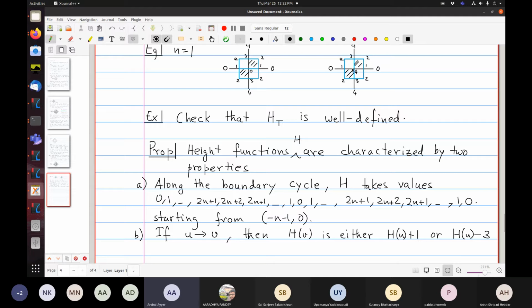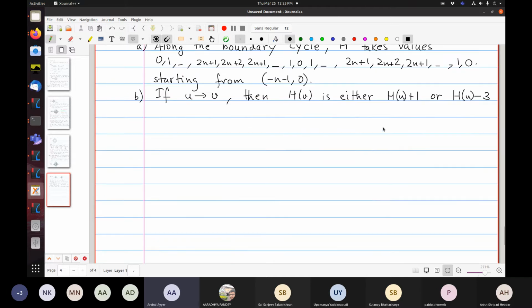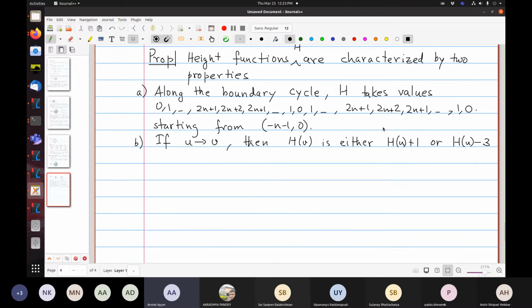And here, the direction of traversal is again leftwards, and so this is u and this is v. Then h of v is h of u minus 3. So 1 is 4 minus 3. Okay, so any questions about this?